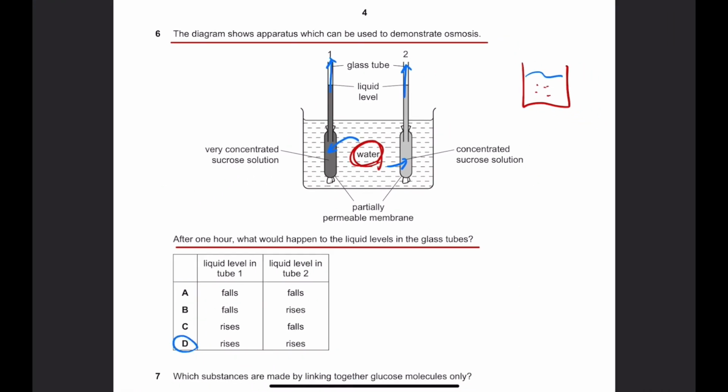Hence the answer will be D. But this is okay because osmosis will happen, and this was a typical tricky question of using just concentrated sucrose solution. Okay. So since both of them have lower water potential than the outside, they'll both gain water. Hence the answer is D. Okay.